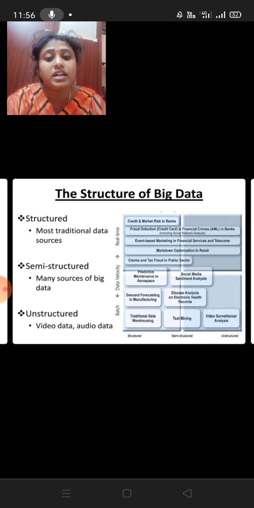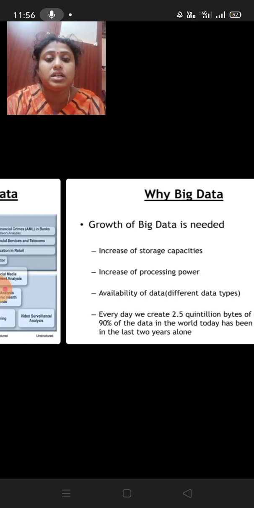Unstructured data means data like video and audio, because for example on Facebook so much video and audio data is uploaded by the millisecond, so that is unstructured data.